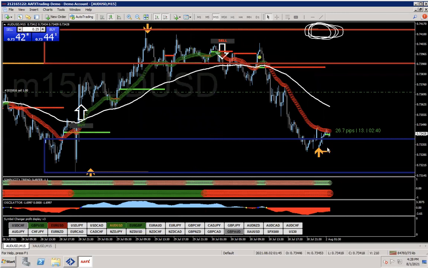I would proceed with caution with this because it did not hit the bottom of the box. So it may pull back some. I don't think this is a deep permanent pullback. Will it pay some pips? It very well may. I just think there's better opportunities out here than that.